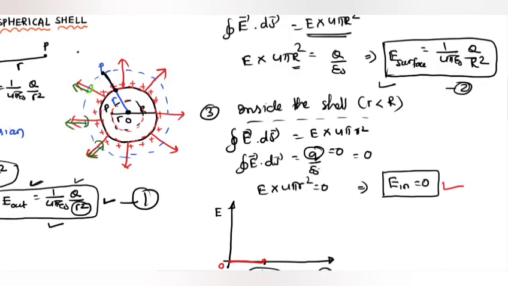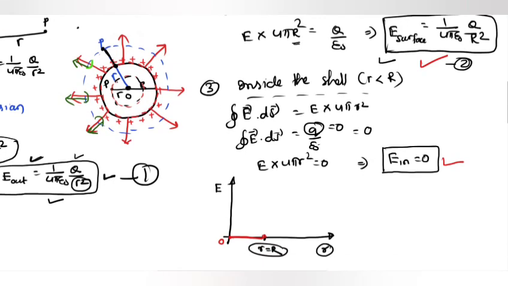The electric field is 1 by 4 pi epsilon naught Q by capital R square. So on the surface of the cell you get some electric field. So this is the electric field.